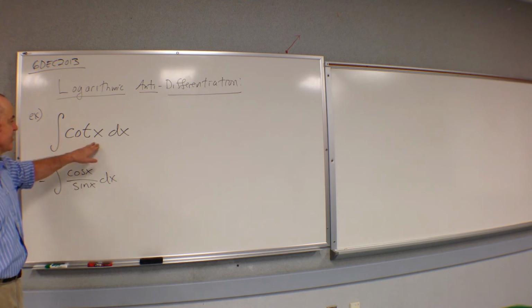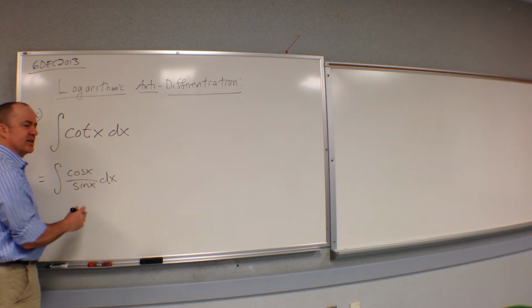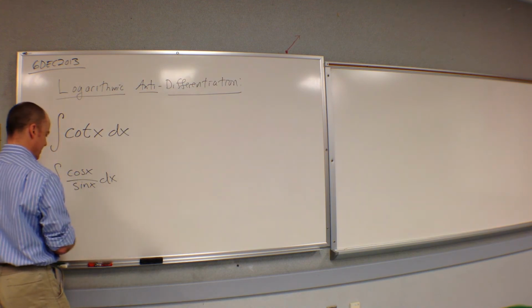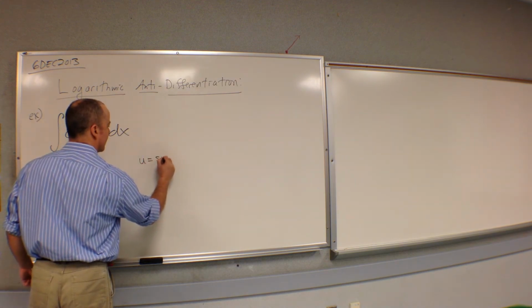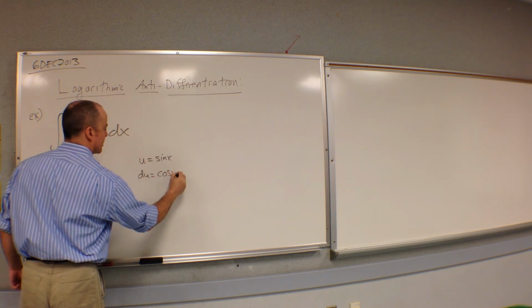Okay, so the antiderivative of cotangent can be written as the antiderivative of cosine over sine. With cosine over sine, all right, remember, we're looking for a u and a du. You see a u and a du, something that's a derivative there? What's the u, Remy? Sine x. Awesome. What's the du? Cosine x.